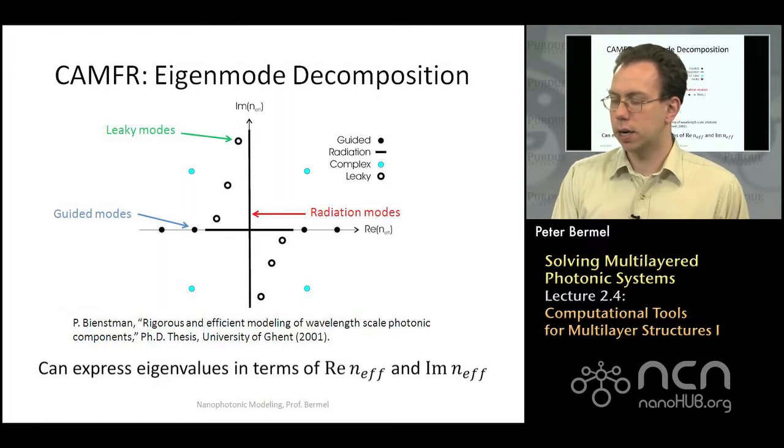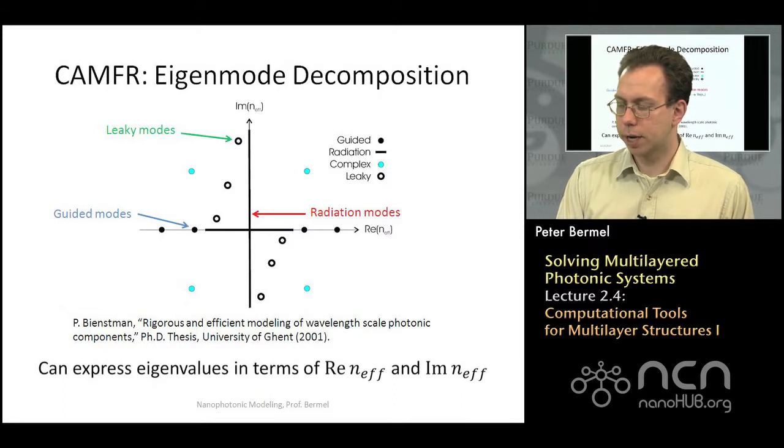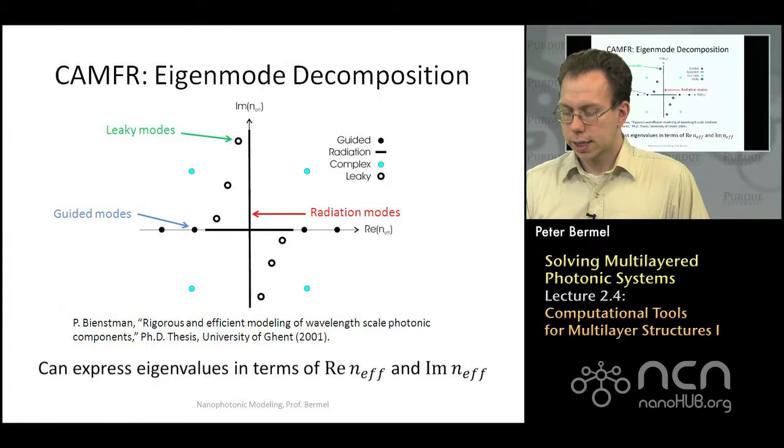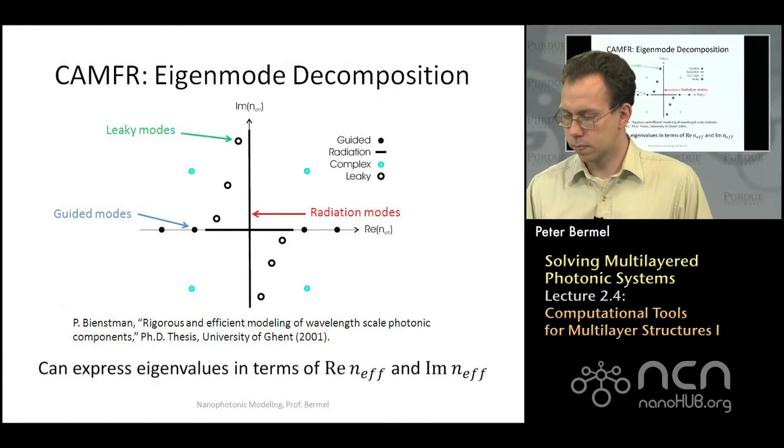And then finally, there are other modes that we call complex modes. Complex modes are analogous to the leaky modes, except they're paired into groups of 4 in this case, which have equal and opposite real or imaginary parts in the effective refractive index.